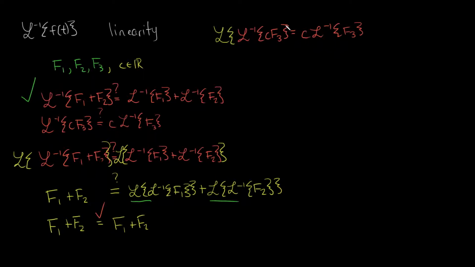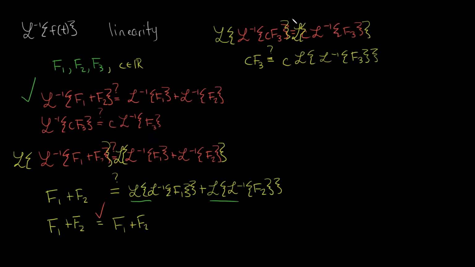What we're going to be left with is, again, the Laplace transform of an inverse Laplace transform of something. It's just that something. So C F3 on the left-hand side equals, and by our property of linearity of the Laplace transform itself, we can take this C out. So we say C times the Laplace transform of the inverse Laplace transform of F3.